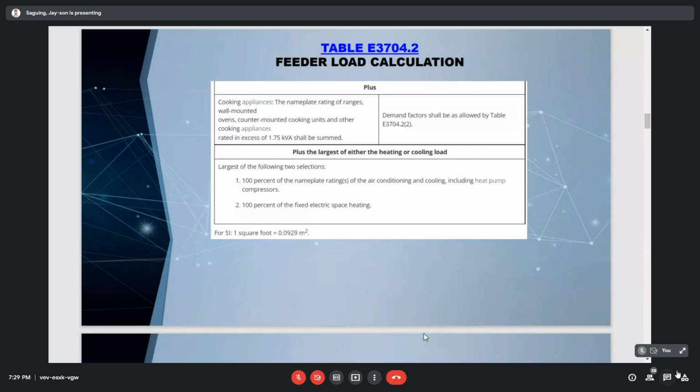For the largest of the following two selections, first, 100% of the nameplate ratings of the air conditioning and cooling, including the heat pump compressor. Second, 100% of the fixed electric space heating. Note that for SI units, 1 square foot is equal to 0.0929 square meters.